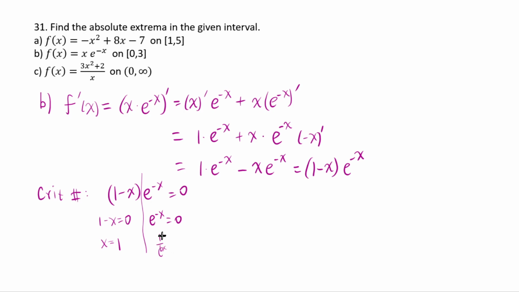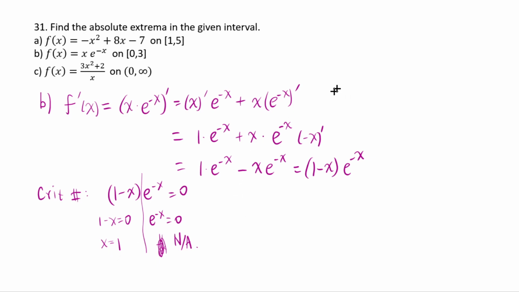This does not exist. Okay. So for no value of x can this be equal to 0. So no such solution exists here. So that means x equal to 1 is the only critical number.